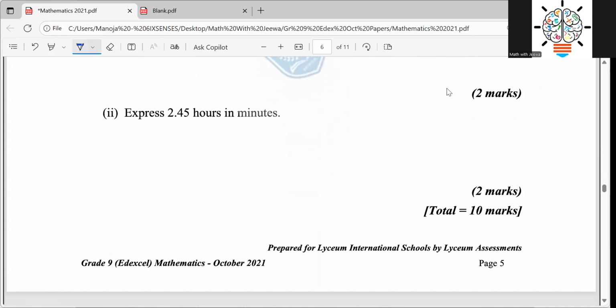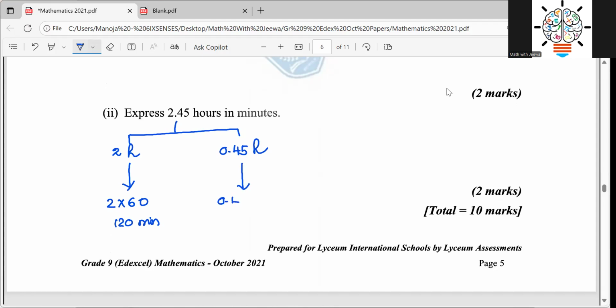So then here, when you have something like this, we have 2 hours, right? So 2 hours and 0.45 hours. So then 2 hours, we know it is 2 multiplied by 60. It is 120 minutes, right? And this one also the same thing, 0.45 multiplied by 60.